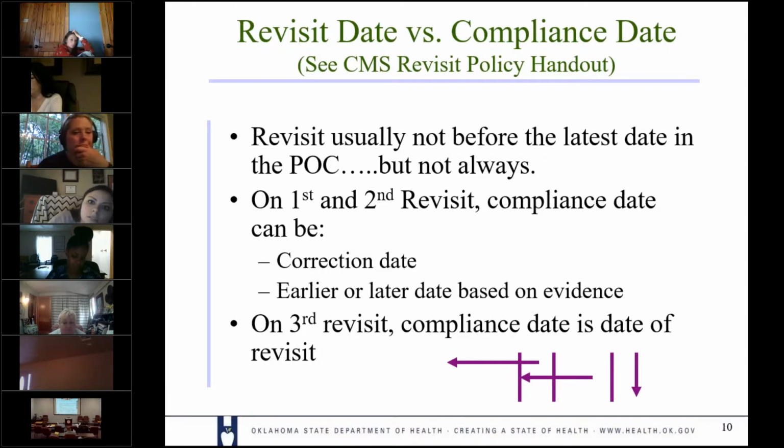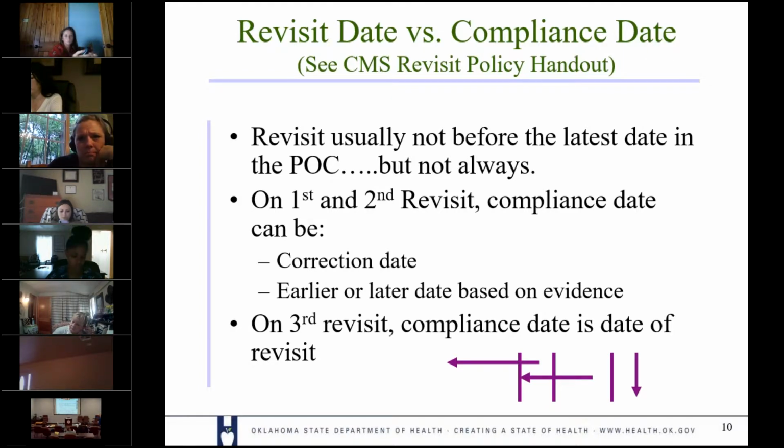On the first and second revisit, the compliance date can be the correction date that you actually submitted on the plan of correction. Earlier or later, it might be determined based on the evidence that the surveyors found. But on the third revisit, the compliance date will not be before the date of the revisit.